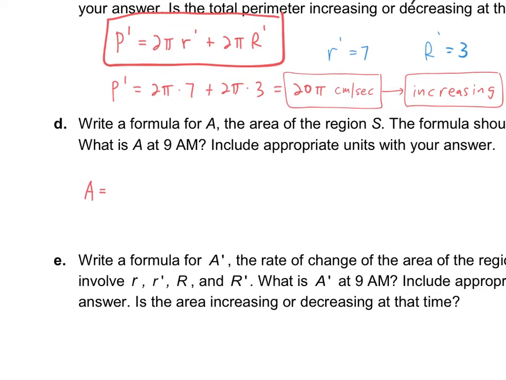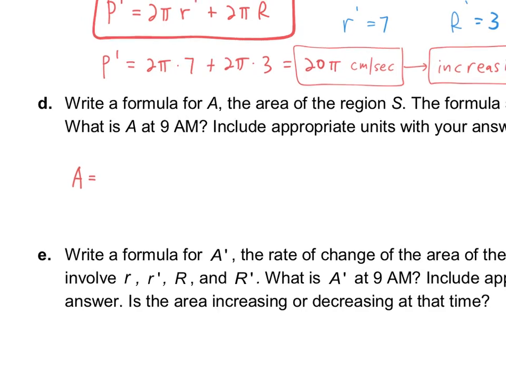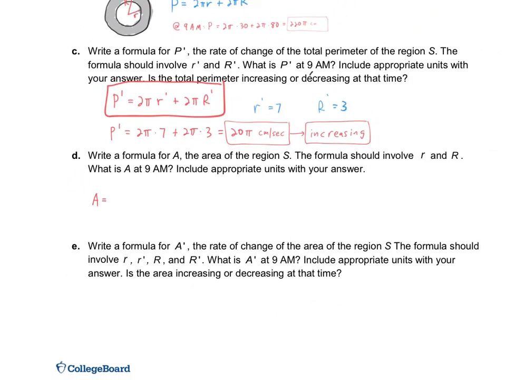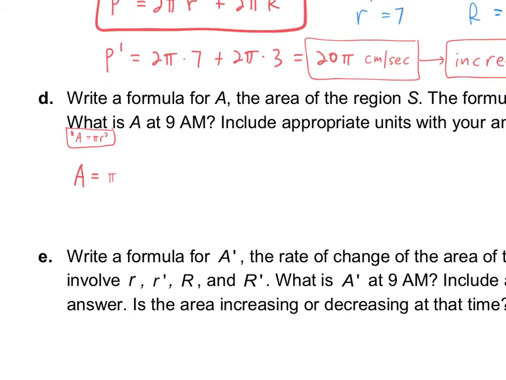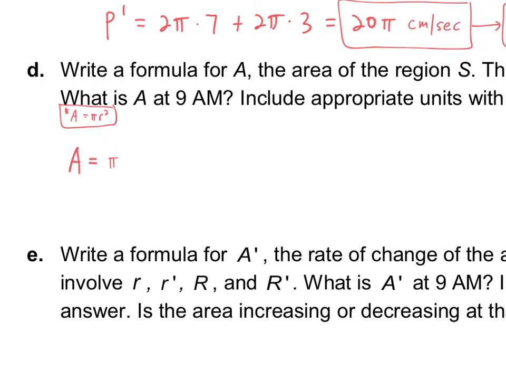So the total area, the formula should involve R. Technically it's the two areas minus, so area we know is pi r squared for a circle. So it's going to be pi little r squared plus pi big R squared. Oh, that's not right. What am I talking about?